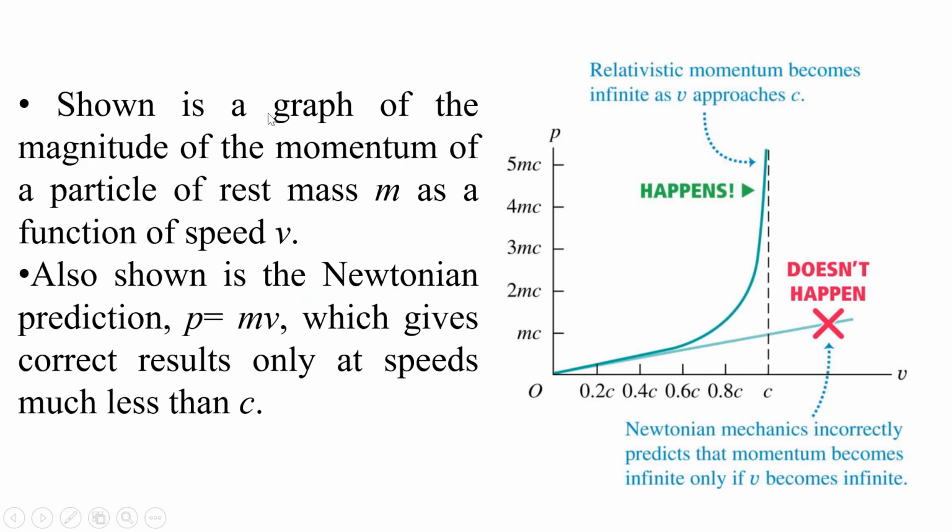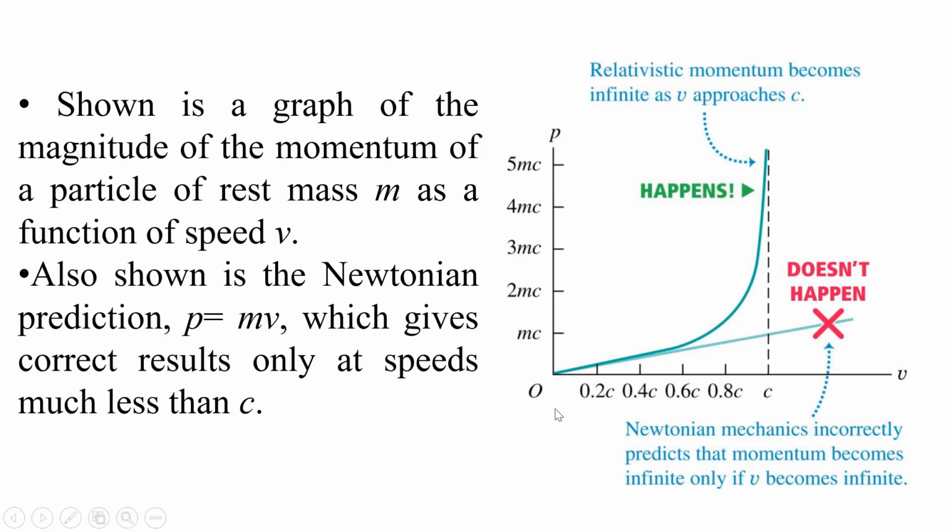Here is a graph of the magnitude of the momentum of a particle of rest mass m as a function of speed v. Also shown is the Newtonian prediction p equals mv, which gives correct results only at speeds much less than c.